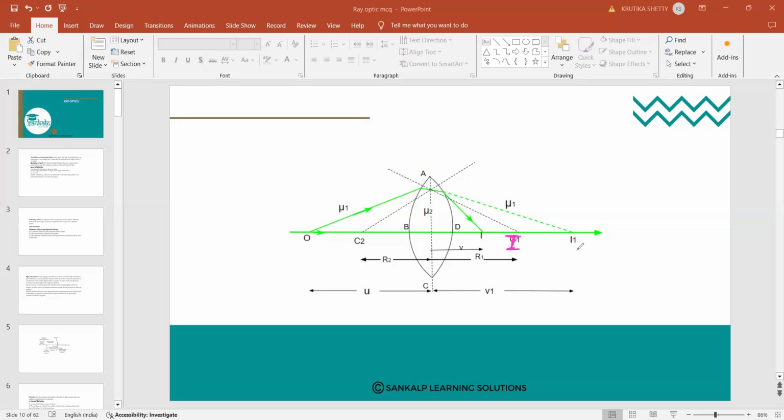So O is the object, I is the image, I1 is also an image. For the refractive index, instead of mu1, mu2 you can take n1, n2, just for clear reference. n1 and n2 are the refractive indices on the sides of the lens here.